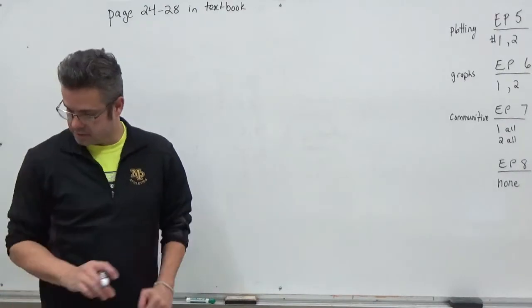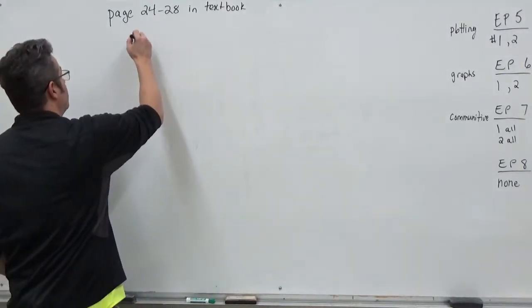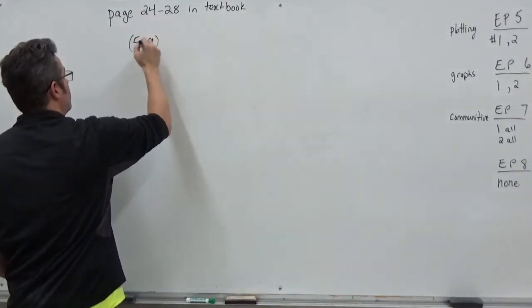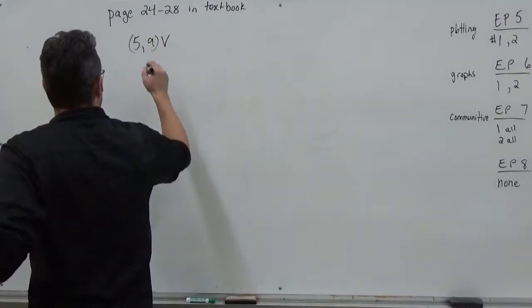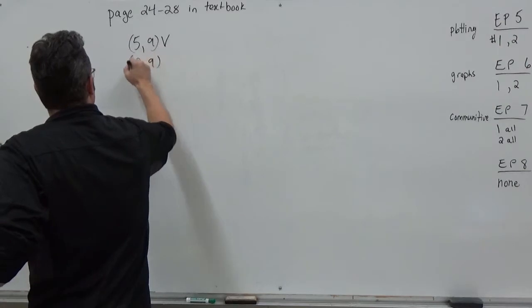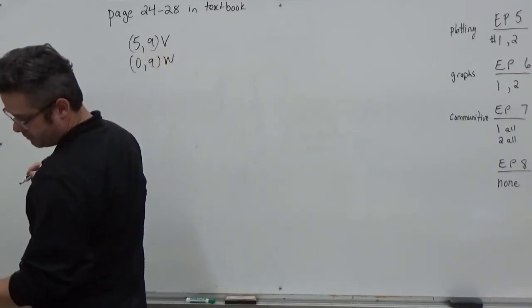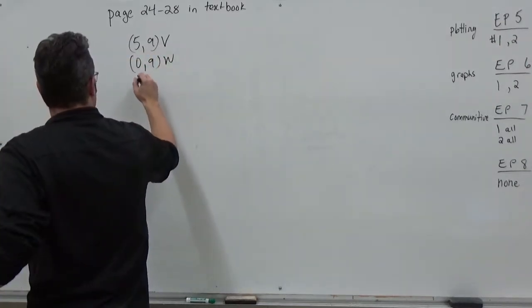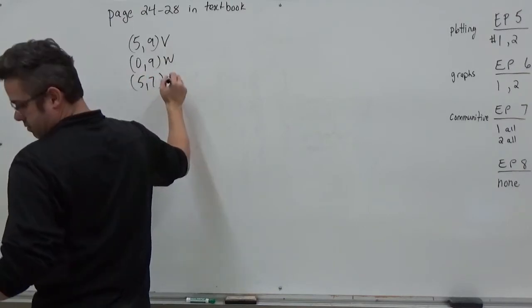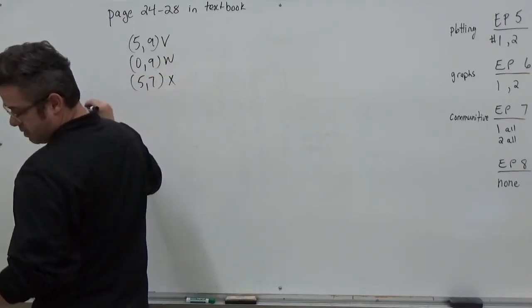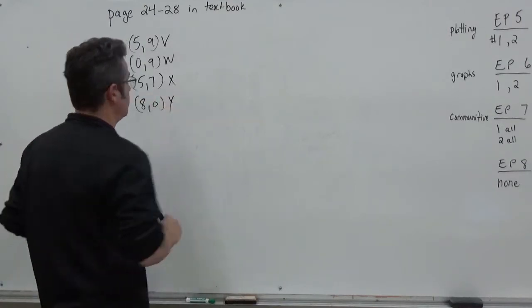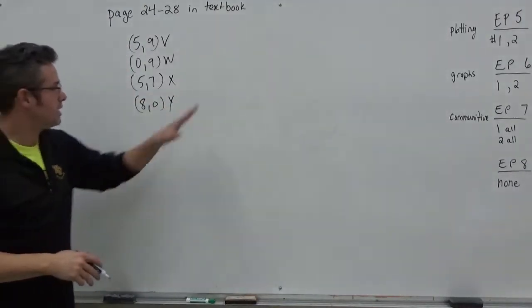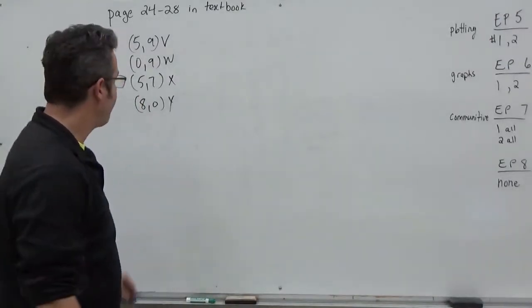I'll write them out first. First one is (5, 9), and they said that's V. Then we've got (0, 9), that's W. (5, 7), that's X. And (8, 0), that's Y. So this is what they give us, and they tell us to plot it out on a grid.